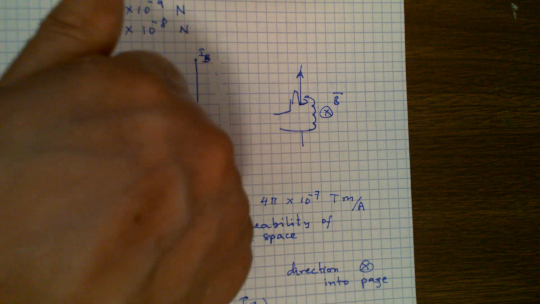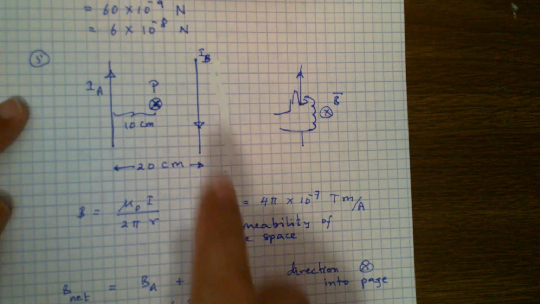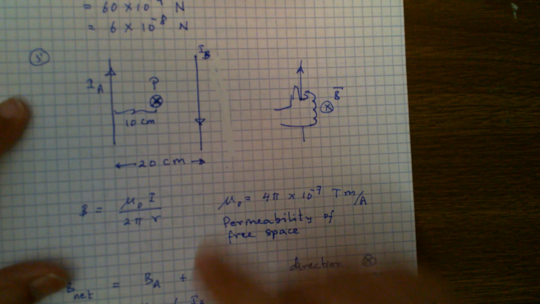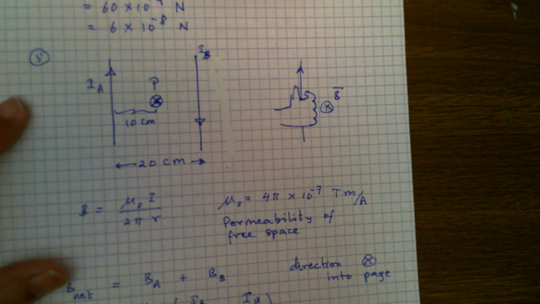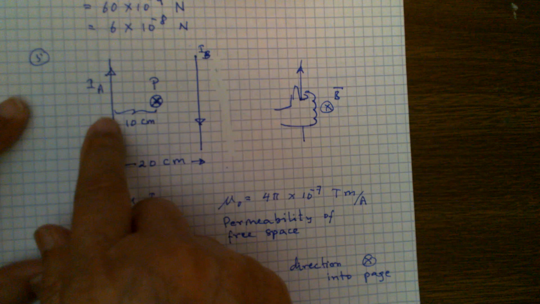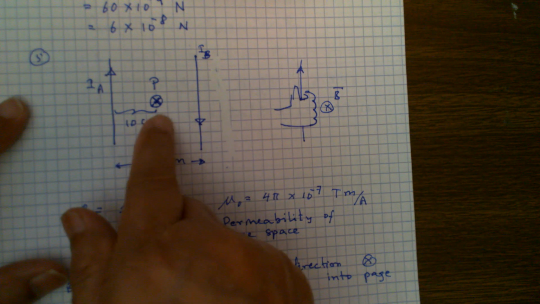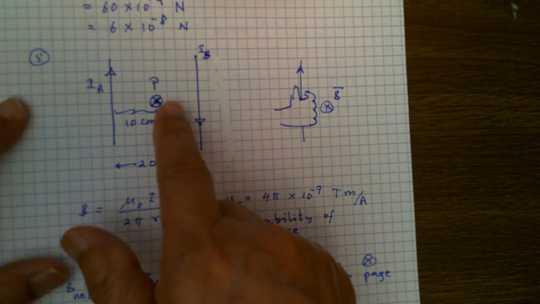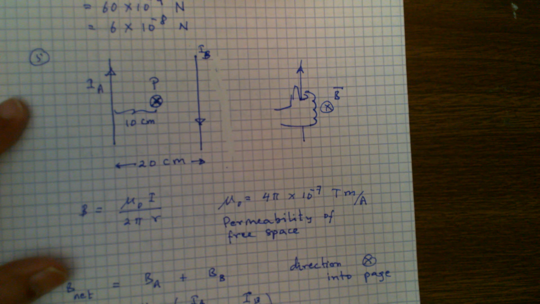But for wire B, you have to hold backwards because the current is going down. So both ways, your fingers are curling into the page. The magnetic field from wire A will be going in, and the magnetic field from wire B will also be going in. That means they will add up.